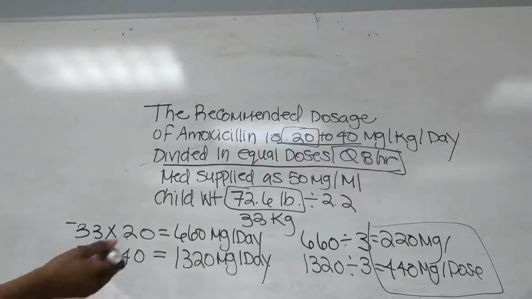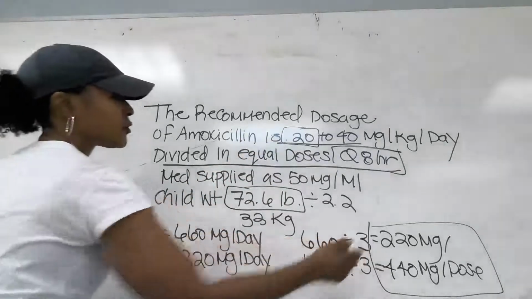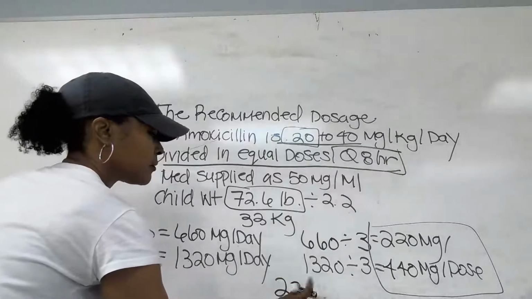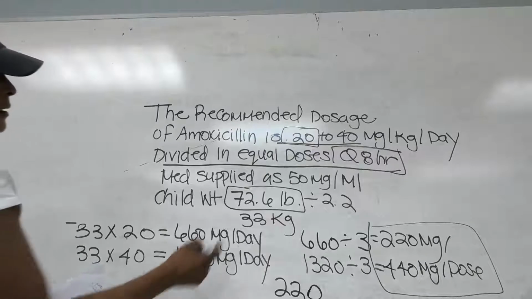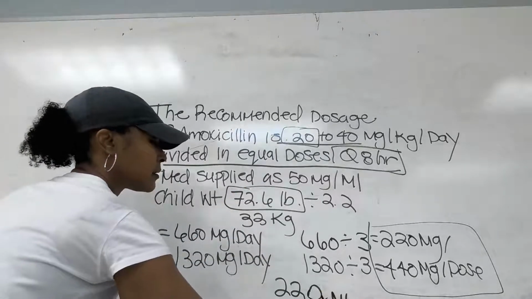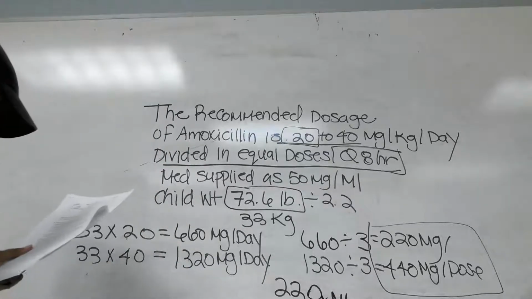Okay, so if they want us to calculate it based on this one, then we would take the 220, and we divide it by 50 times milliliter, and we come up with 4.4.